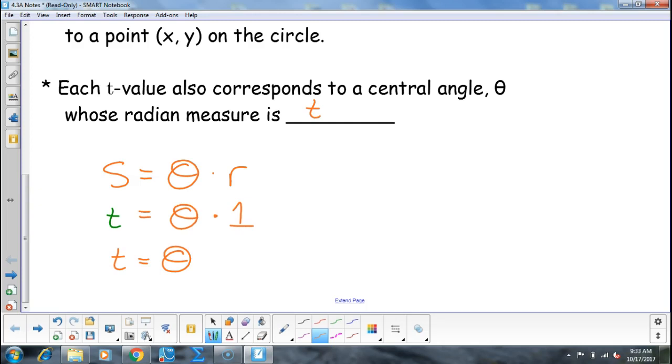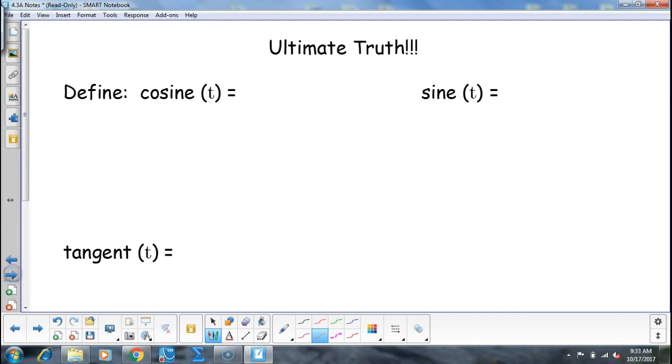Now, knowing that t is equal to theta, we can come up with our 6 trig functions. They're the bedrock, the foundation of this class.